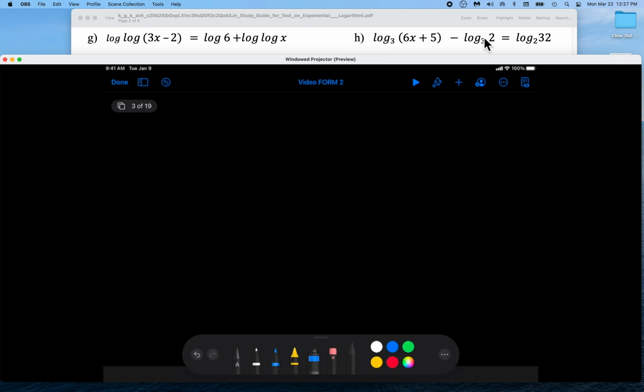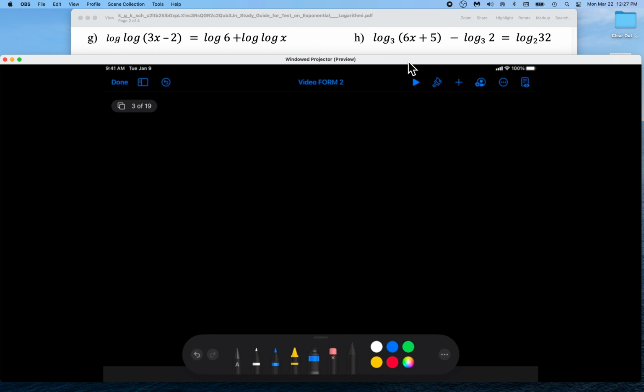Okay, what's going on here? Over here, on the left side of the equation, we have log to the base 3, log to the base 3. That means we can condense these. Over here, this looks like something I might be able to evaluate, as in 2 to the something will give me 32. So let's explore that.